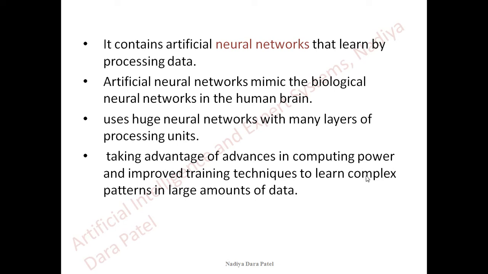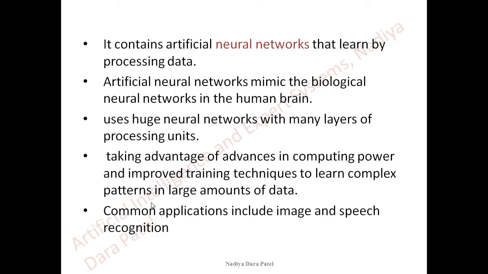So it creates some complex patterns like the image I showed you before. Like our brain has a complex structure of neurons, a similar structure is created for the machine, and the way our neurons behave, passing a message from one sense to another, the same thing is mimicked in machines. Common applications of this are image and speech recognition.